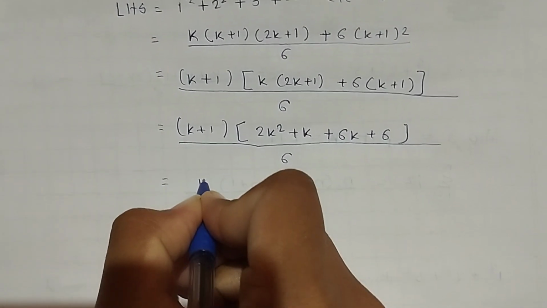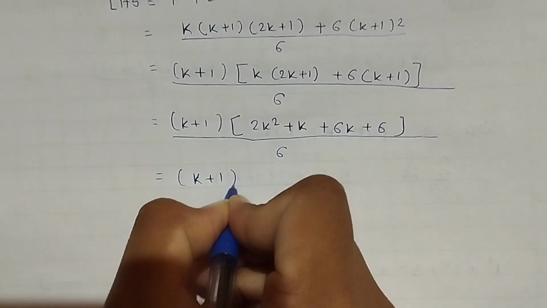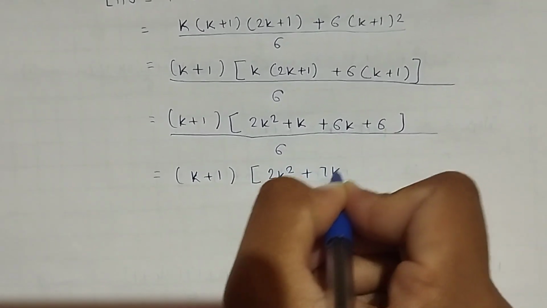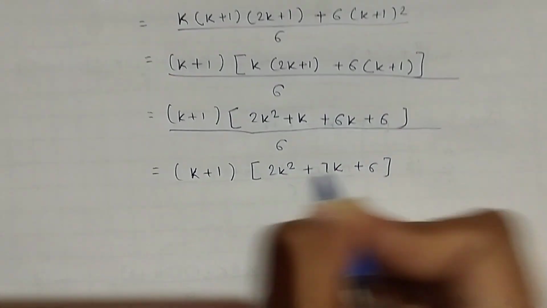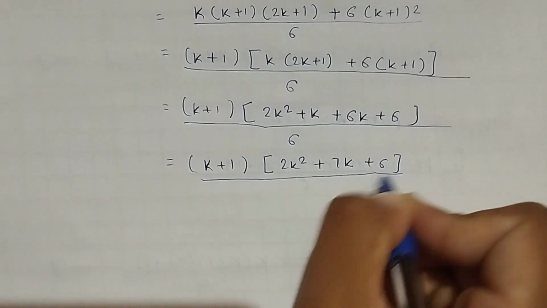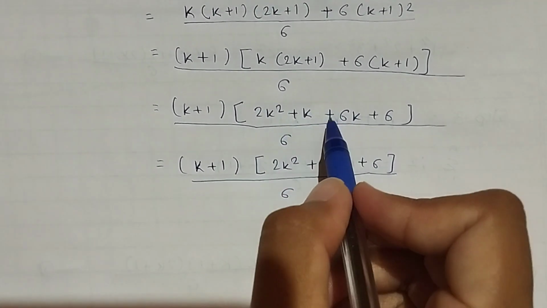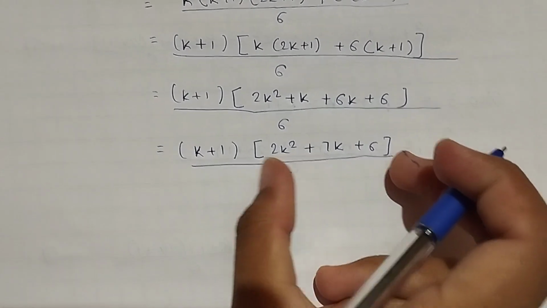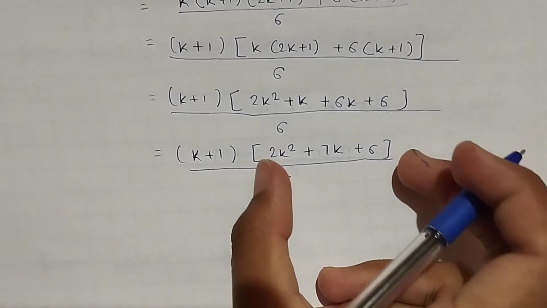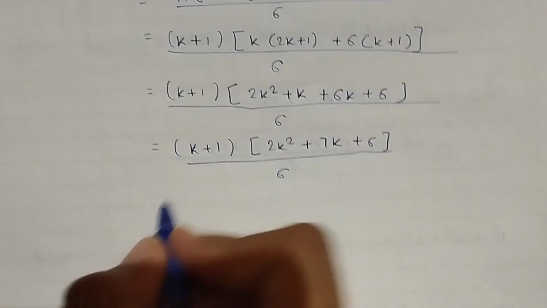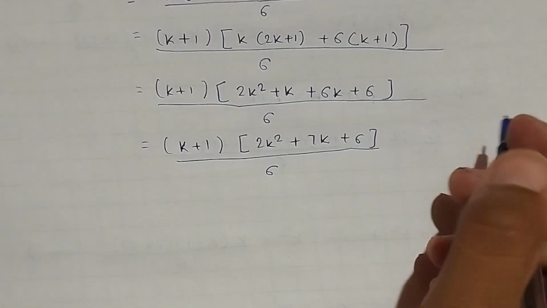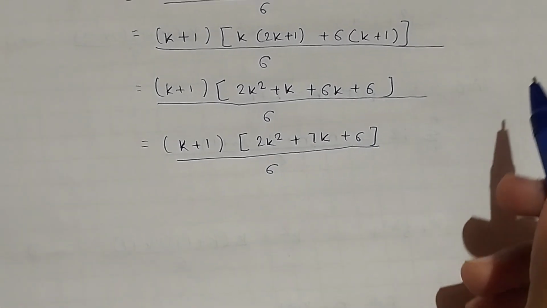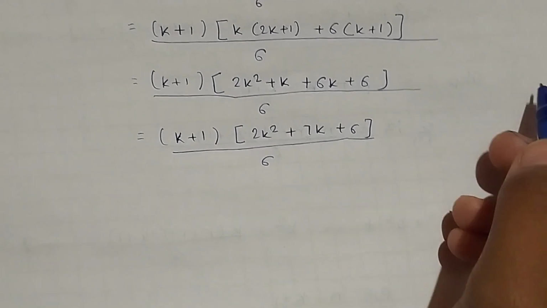Okay, now k plus 1 into 2k square plus 7k plus 6 divided by 6, because k plus 6k is 7k. Now this is the quadratic equation. We simplify this quadratic equation. I hope you know how we simplify this quadratic equation, and if not, then let's see now.